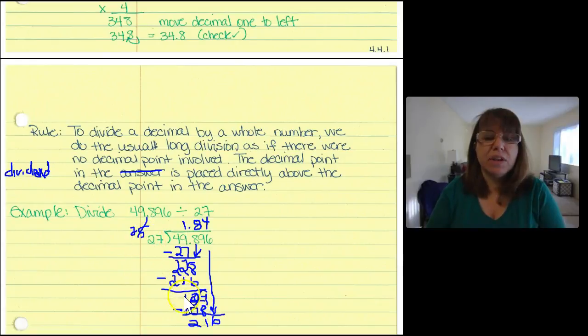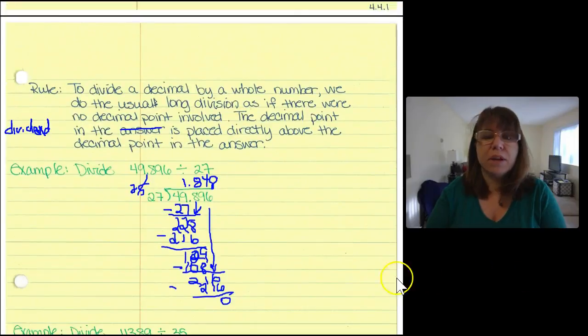And 27 goes into 216 8 times because I did it in the problem, so I do know it's 8 times. And that's 216. And 216 minus 216 is 0. There we go.